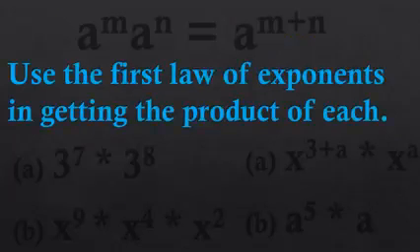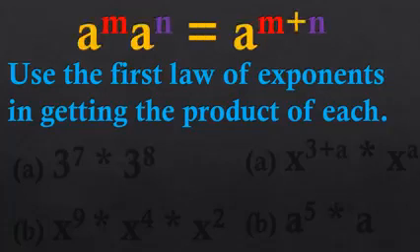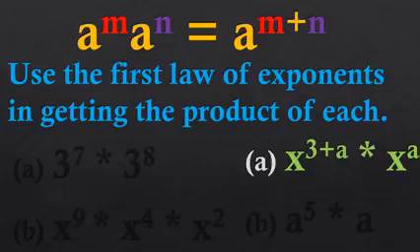Let's say, for example, we use the first law of exponents in getting the product of each. Again, recall that the first law of exponents simply states that a raised to m times a raised to n is equal to a raised to m plus n. Letter A, we have x raised to 3 plus a times x raised to the power of a.